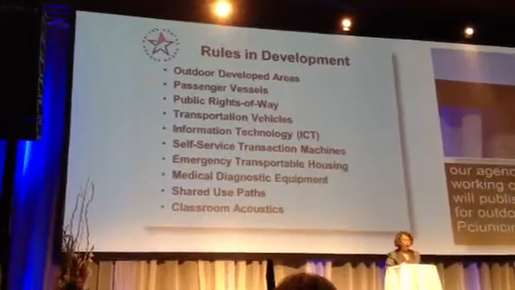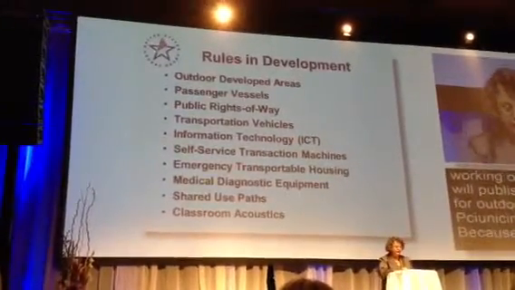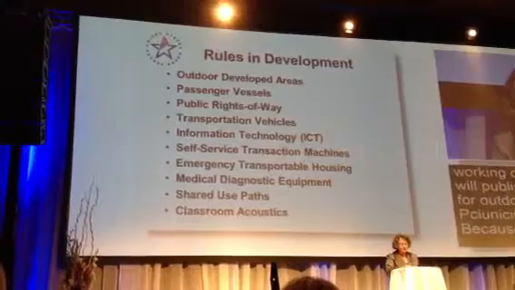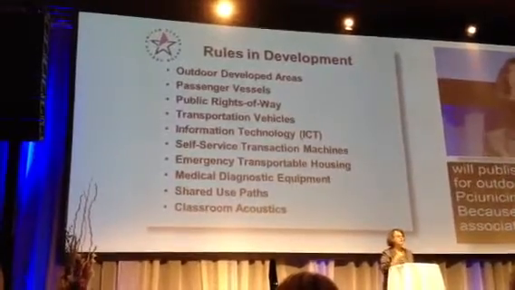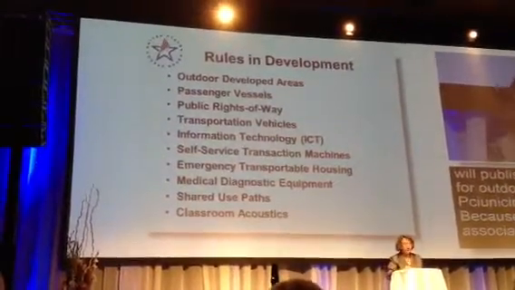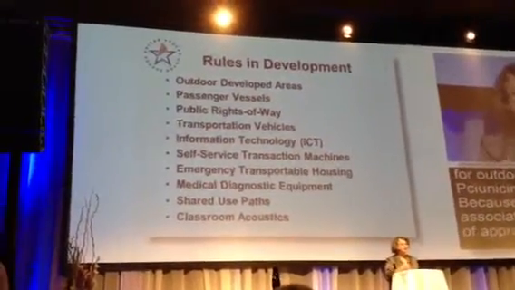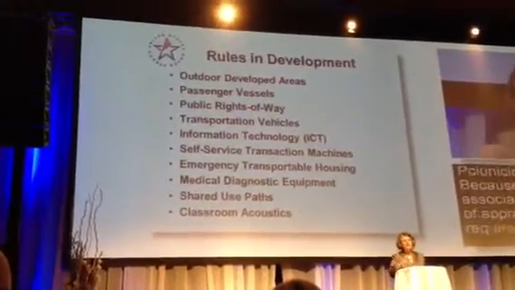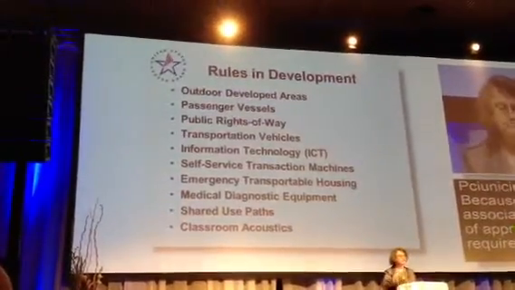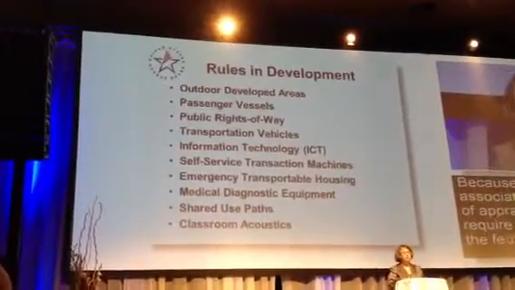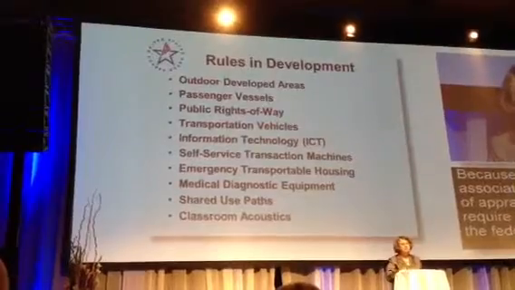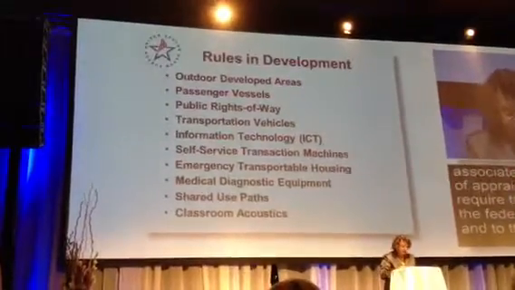Because of the costs associated with this rule and the difficulty in estimating the cost, which is a requirement of federal rulemaking, we are going to apply these requirements only to the federal government at first, and then we will apply them to the private sector later, after we have a better idea of the overall costs.